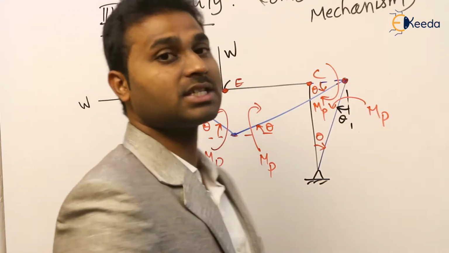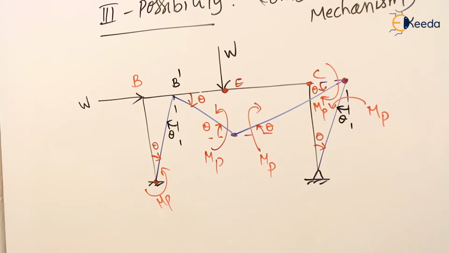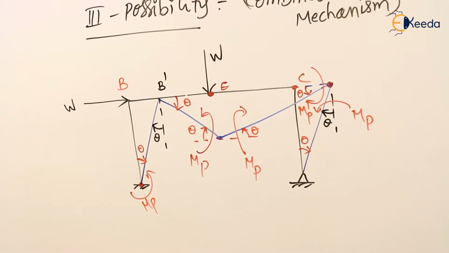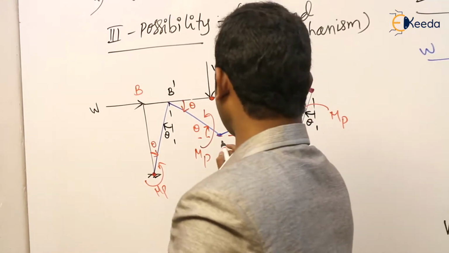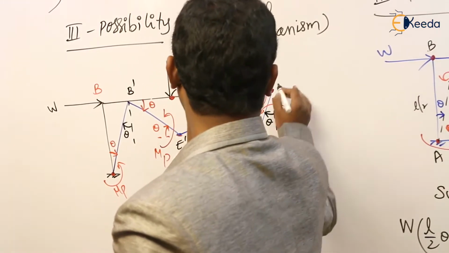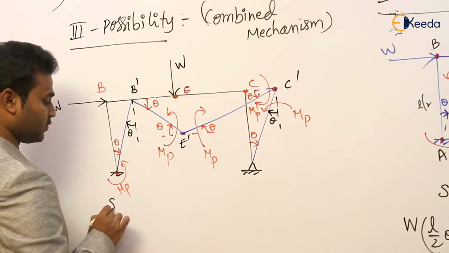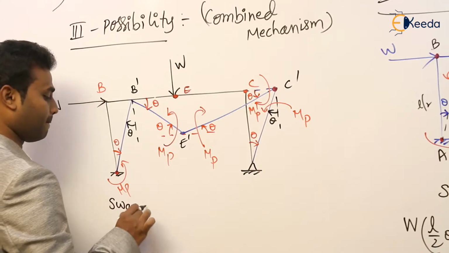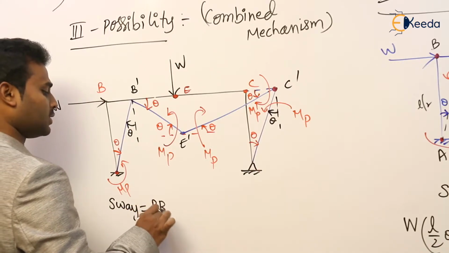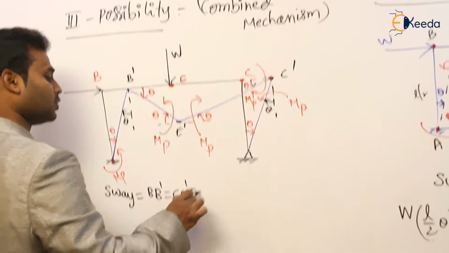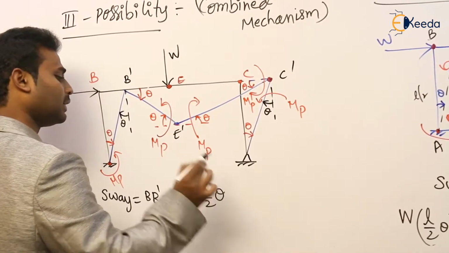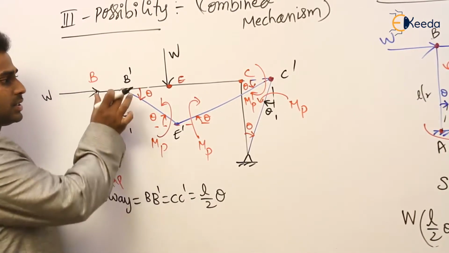Now apply external work equal to internal work. And one more thing: this is E dash, this is C dash. We know that the sway in this case, BB dash, is equal to CC dash, which is equal to L by 2 theta. Why?